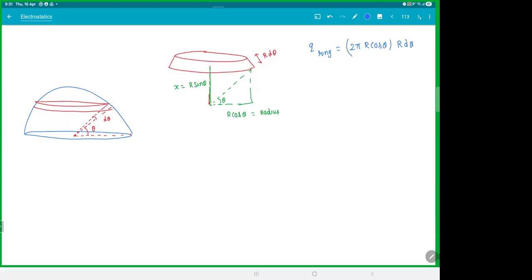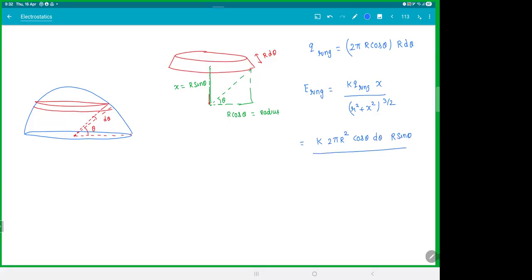And then the field due to the ring will be k q ring, the distance x, by r square plus x square whole power 3 by 2. This was the formula. So this would be 2 pi r square cos theta d theta, x is r sine theta.